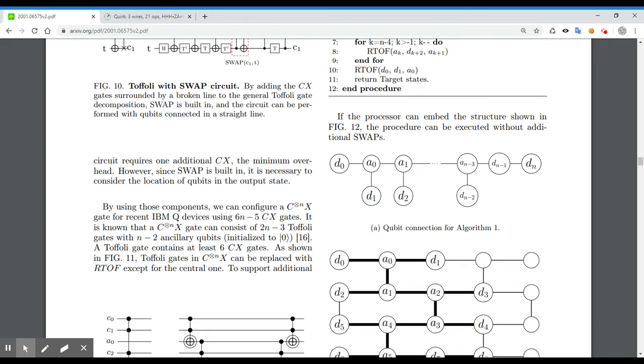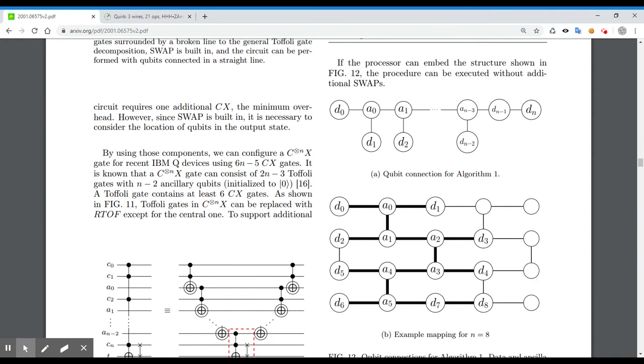By using those components, we can configure an N control X gate for the recent IBM Q devices using 6n-5 control gates. It is known that N control X gates can consist of 2n-3 Toffoli gates with n-2 ancillary qubits initialized to 0.